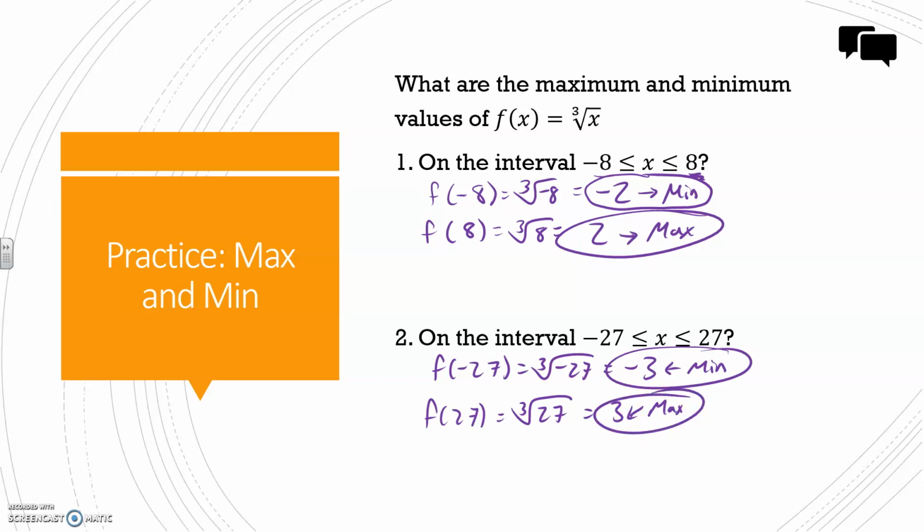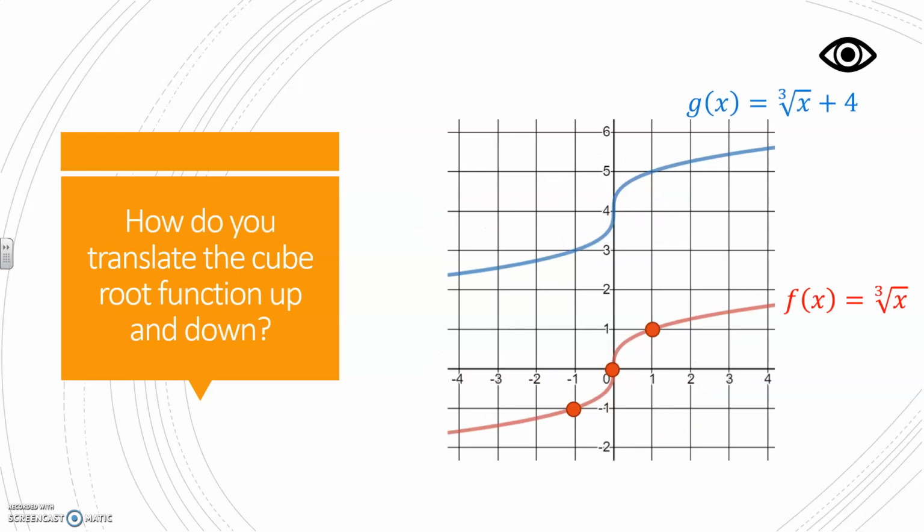Okay, now we have to talk about how do you translate the cube root function up and down. So the red graph is the original cube root of x, and my new graph is the cube root of x plus 4, and we can see that the plus 4 is not under the radical. So let's talk about what happens. Well, from the red to the blue, I went up 1, 2, 3, 4.